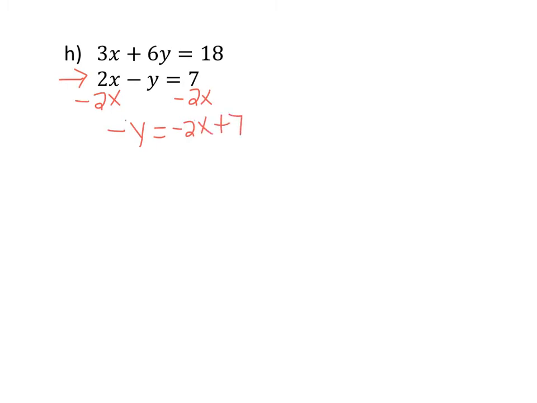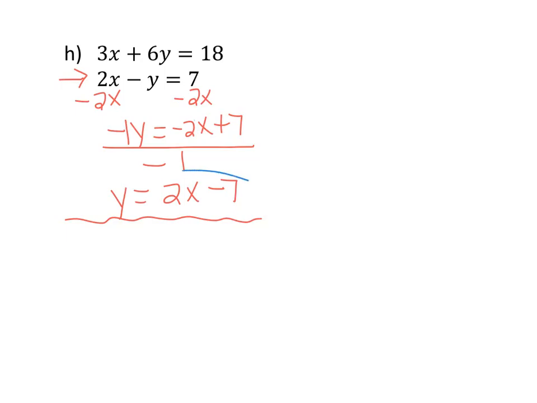Now there's an invisible negative 1 here, so I need to divide everything by negative 1. Y equals positive 2x minus 7. I'm going to take that expression, 2x minus 7, and plug it in for y into the first equation.